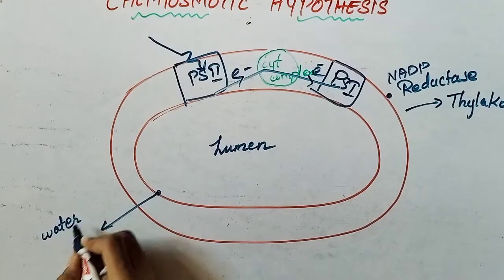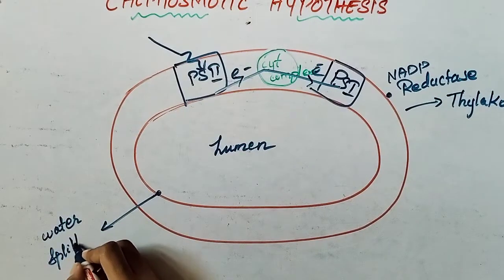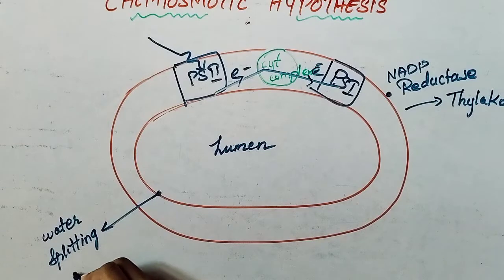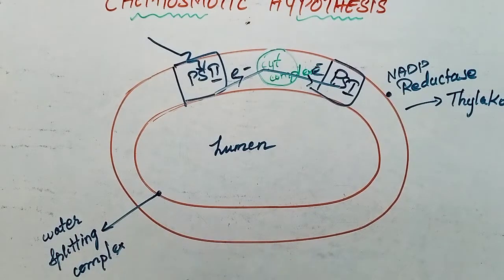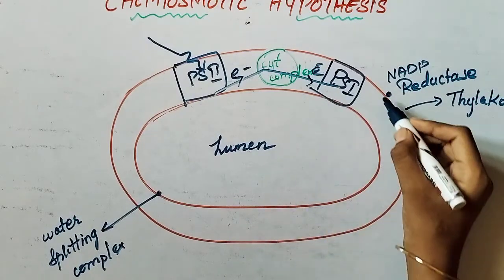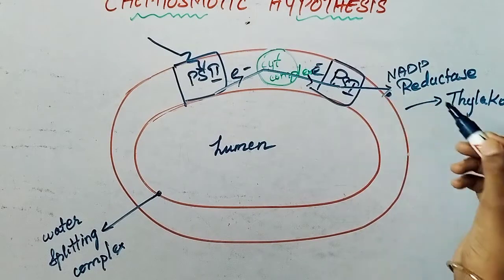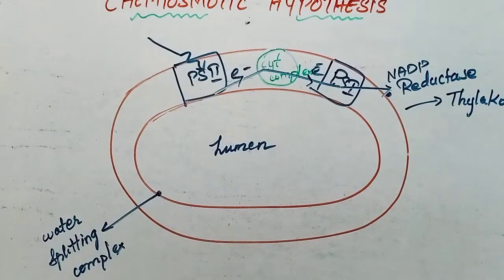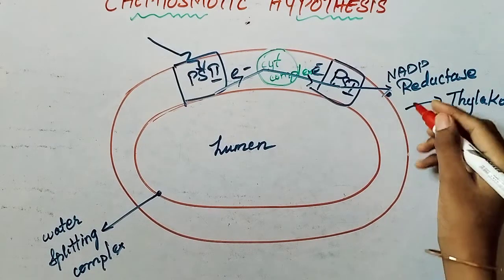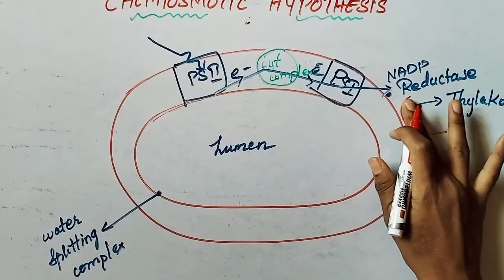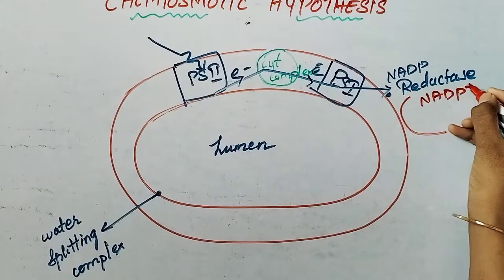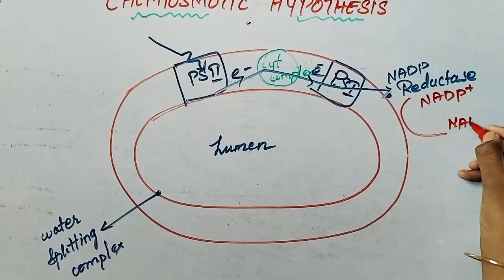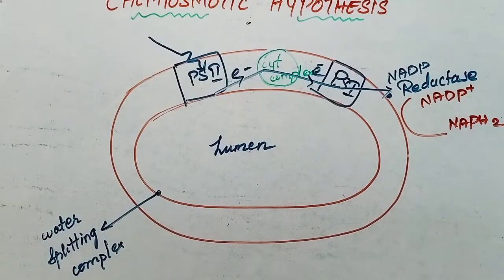I will write here: water splitting complex means the photolysis of water takes place over here. Now the electron comes down, reaches over here and forms one NADPH2, correct. NADP plus and one NADPH2 is formed.